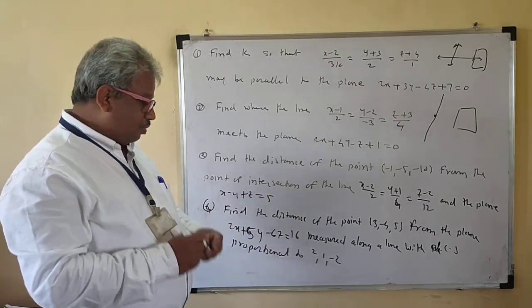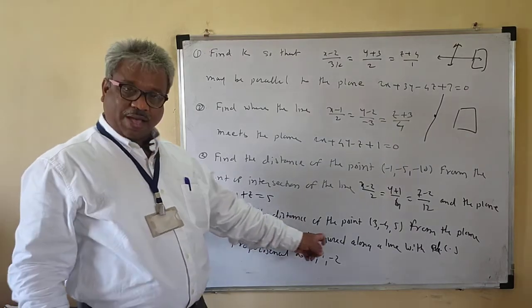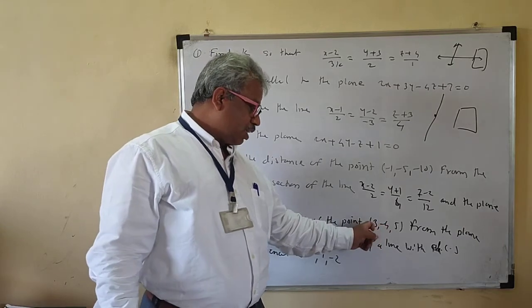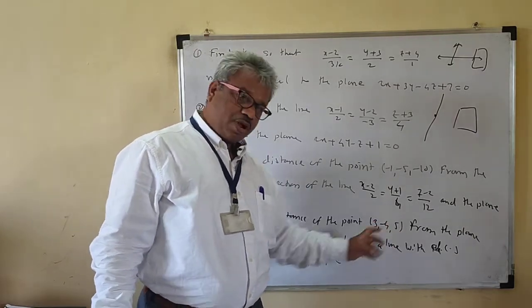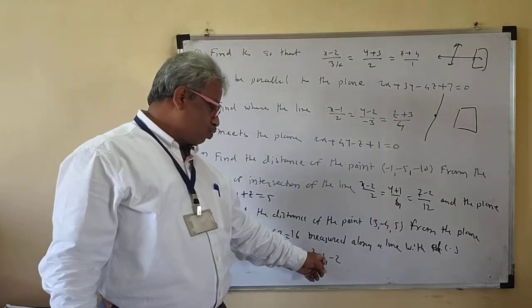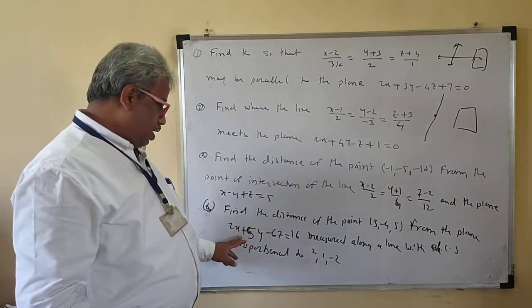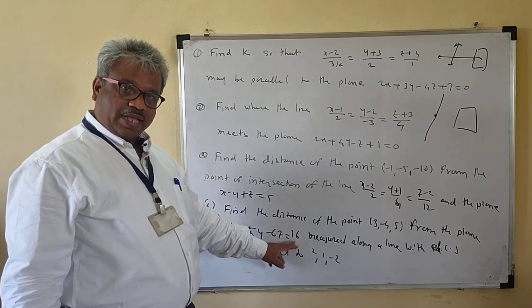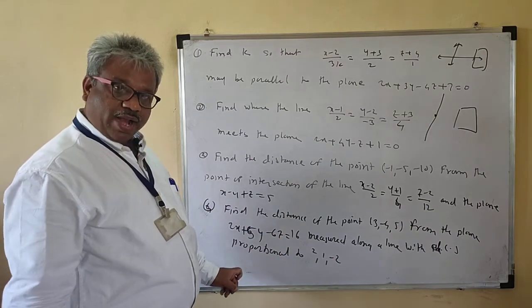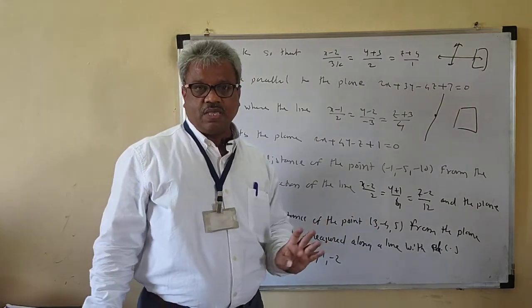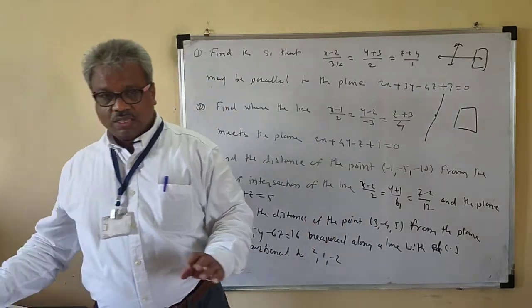You write the equation of a line passing through the point and having direction ratios 2, 1, minus 2. You find the general point, and that point will be on this plane. You get m, and this is your P now. So just find Pm. Okay, so I hope that you understand this one. So we stop here.